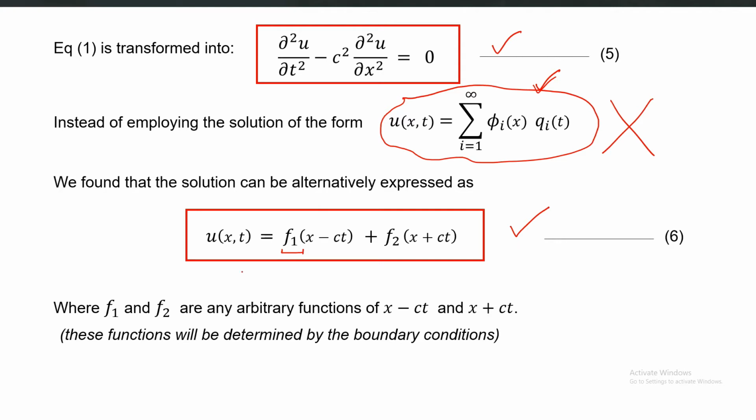So f1 and f2 are currently arbitrary functions of x minus ct and x plus ct, and currently we don't know what f1 and f2 are. All we have fixed is that they are functions of x minus ct and x plus ct respectively. So c, we know now, is a constant depending upon the material properties, but the actual functions we don't know yet. They are arbitrary and they will depend on the boundary conditions.